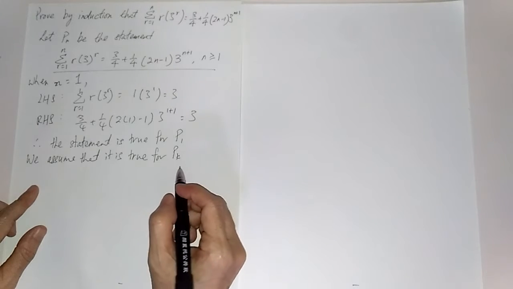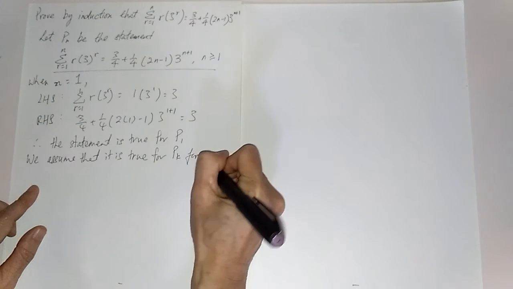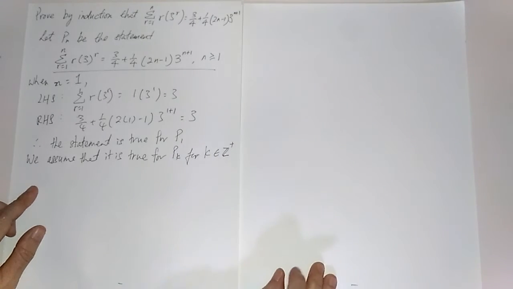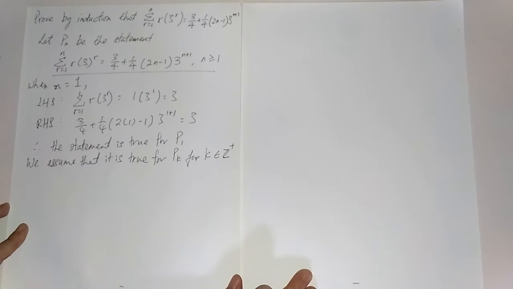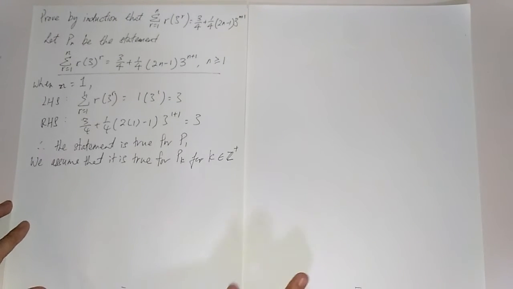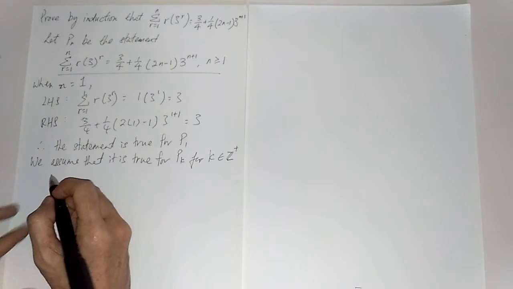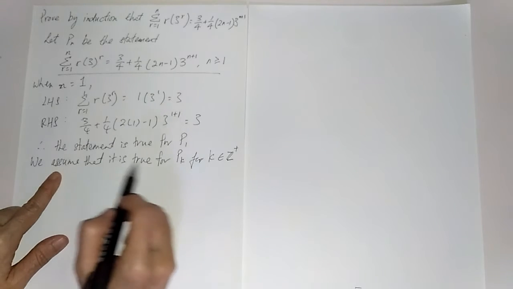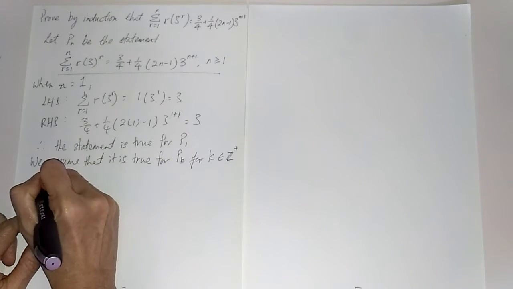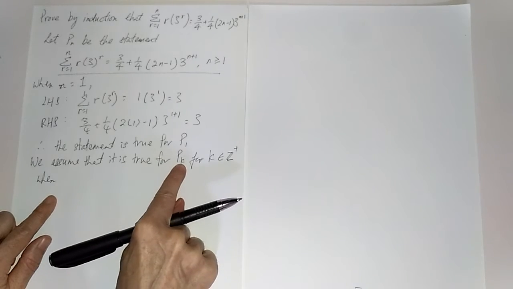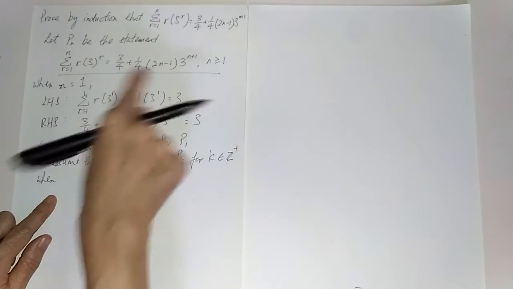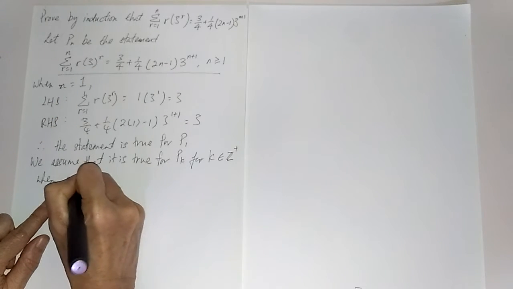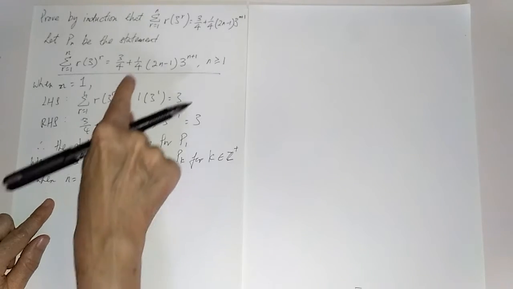It means n equals k, for k an element of the positive integers. When n equals k, we assume that both sides are equal, left equals right.